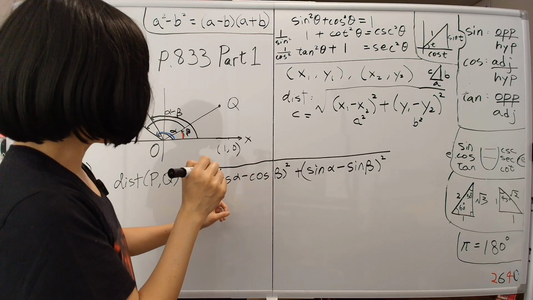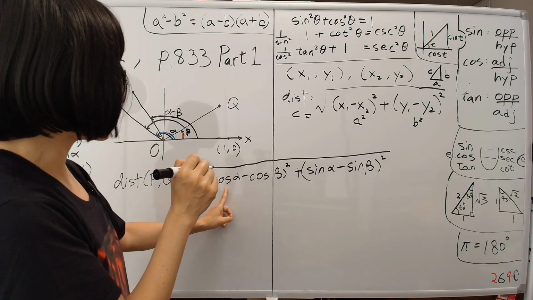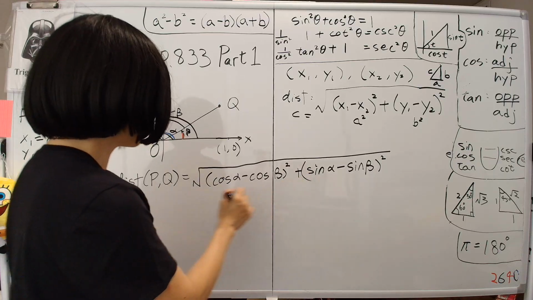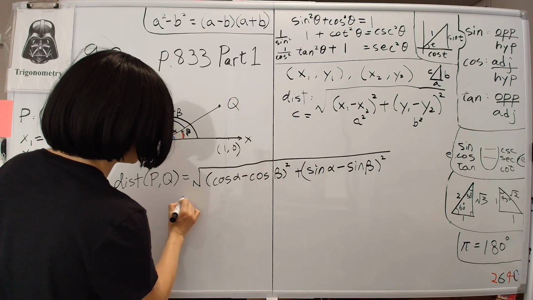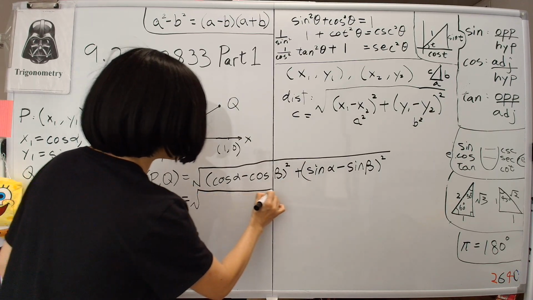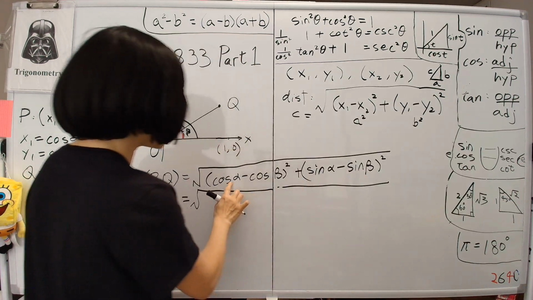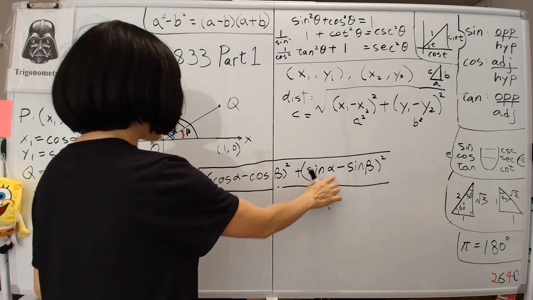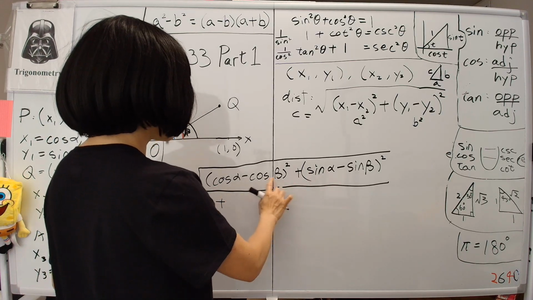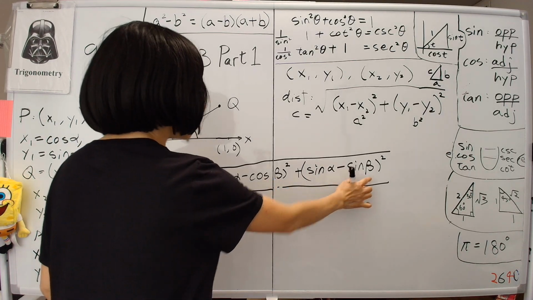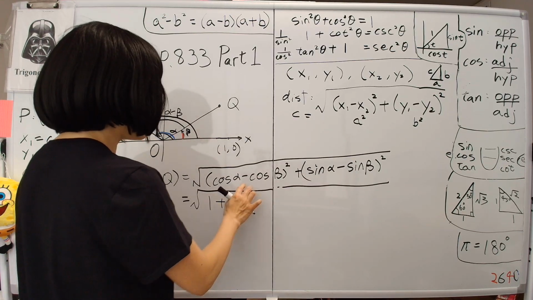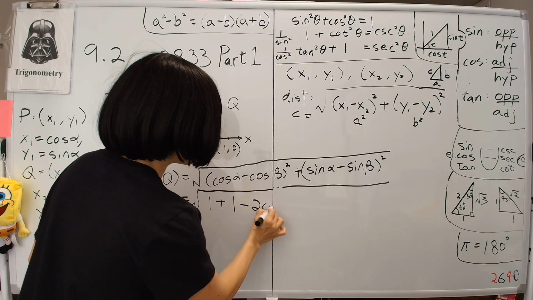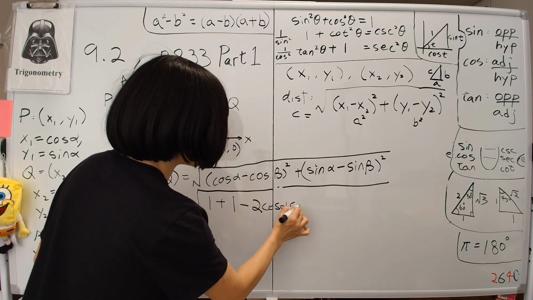Now what's on the inside, we will have cosine squared alpha plus sine squared alpha, that equals 1. So that equals the square root of cosine squared alpha plus sine squared alpha, which equals 1, and then plus cosine squared beta and sine squared beta, that also equals 1. And then finally, the stuff that's inside will be minus 2 cosine alpha cosine beta.